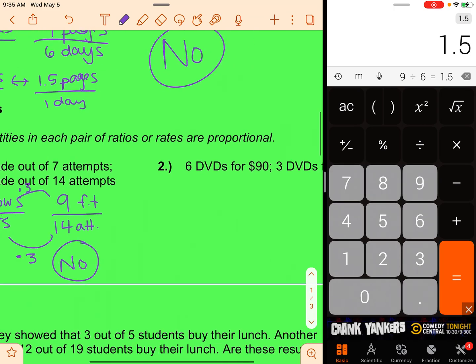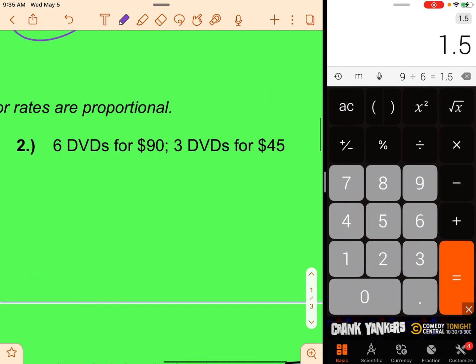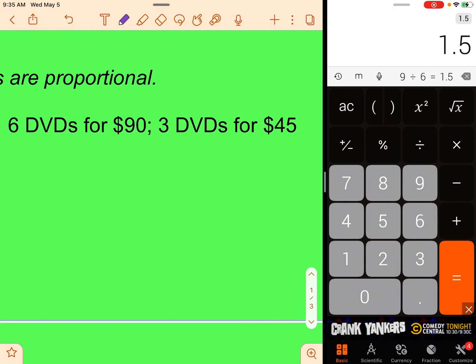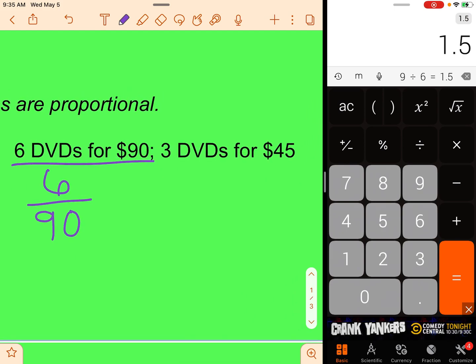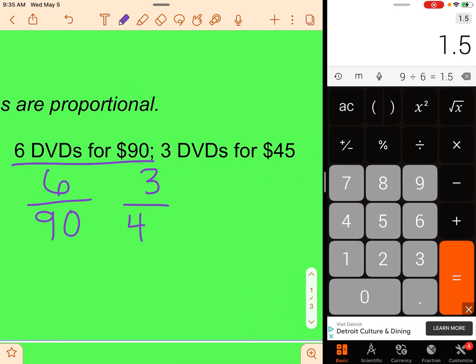Now I'm going to practice the other way with you over for number 2. The next one is 6 DVDs for $90 or 3 DVDs for $45. So set up your ratio. We have 6 DVDs for $90. This time I'm not going to include my labels, and that's okay. And we have 3 DVDs for $45.